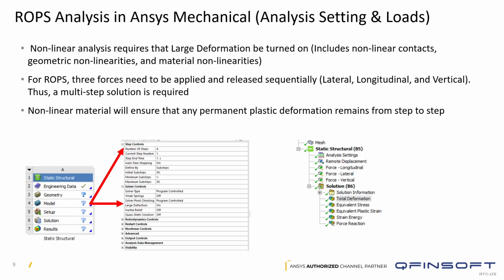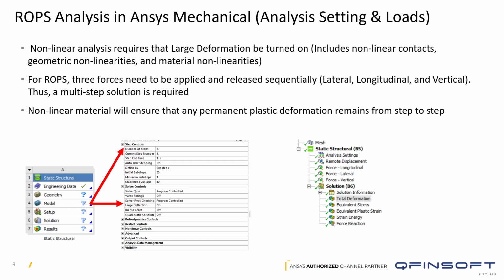Okay, so after we've set this part up, the next important part is the settings that we'll be using inside of Ansys Mechanical, and the loads that we will be defining for our ROPS test. Usually for this kind of test, it'll be a non-linear analysis, since we have a non-linear material.